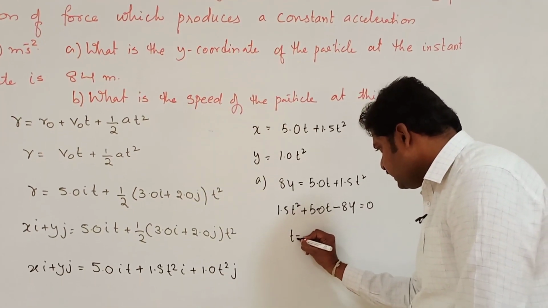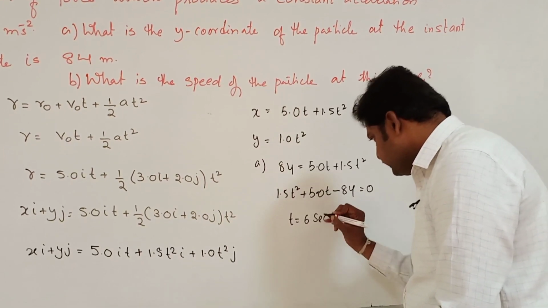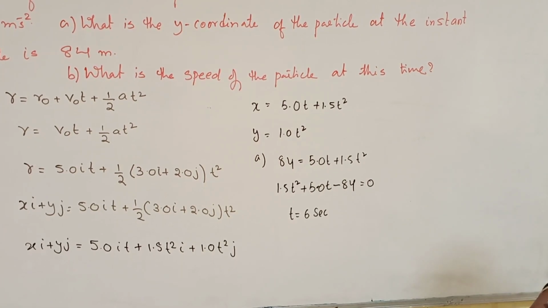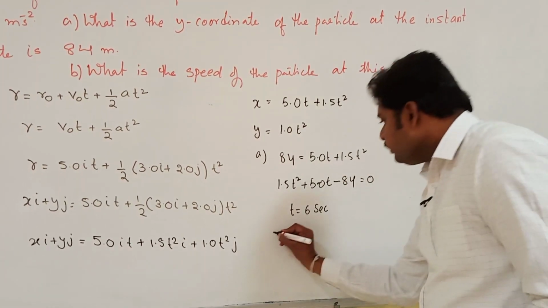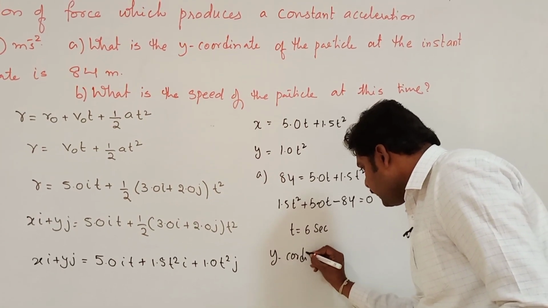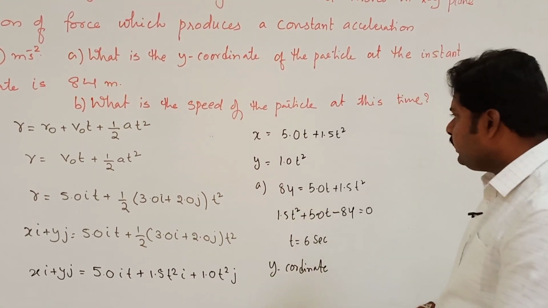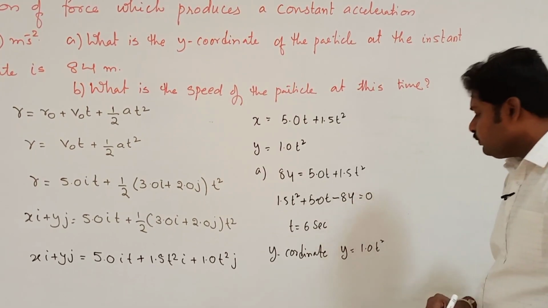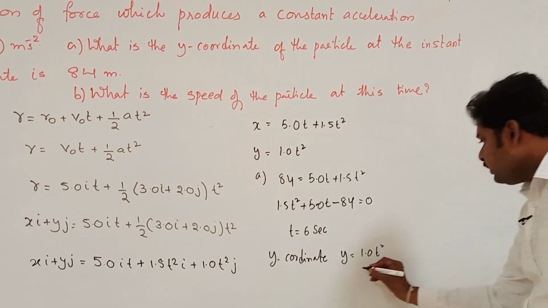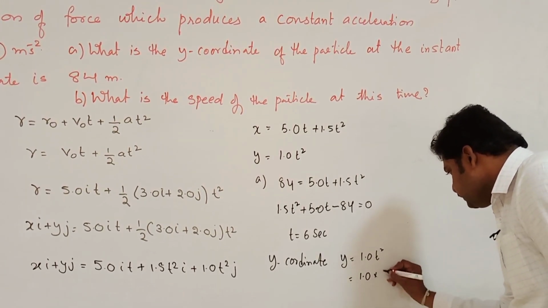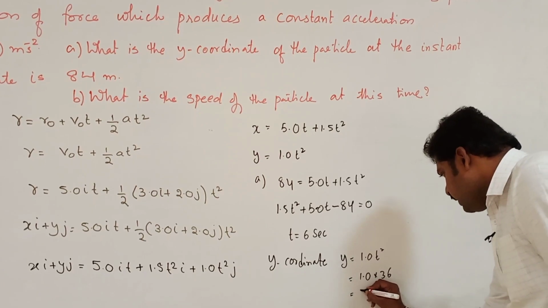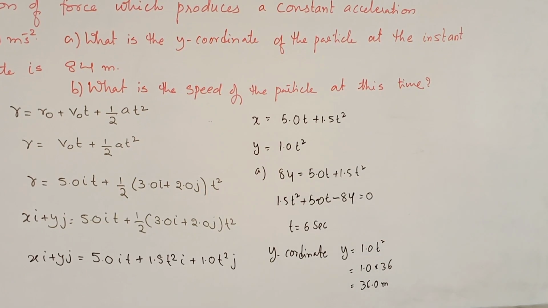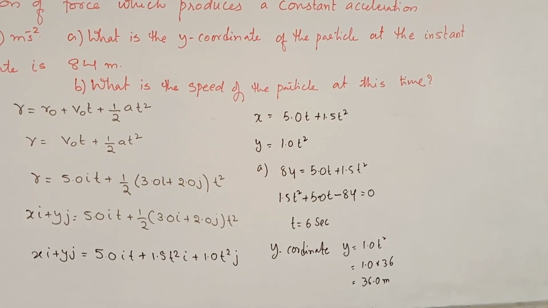You will get t is equal to 6 seconds. Now, what is the y coordinate? y is equal to 1.0 t square. In place of t we can substitute 6: 1.0 into 6 into 6, 36.0 meters.